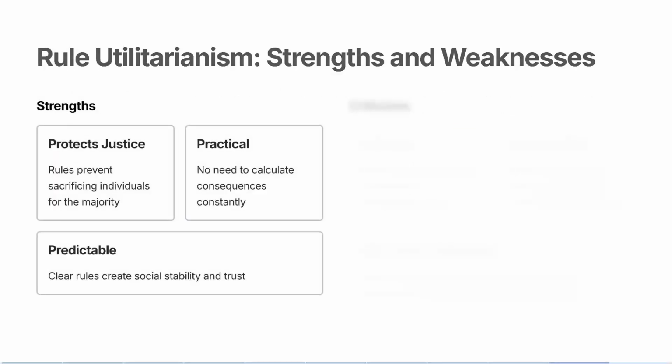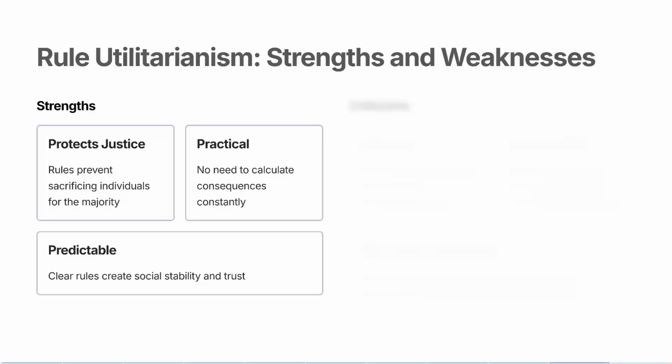And so there are strengths and weaknesses with rule utilitarianism. One of the key strengths is that it protects justice. It stops individuals sacrificing things for the majority. It keeps things very consistent, you might argue. It's also very practical.